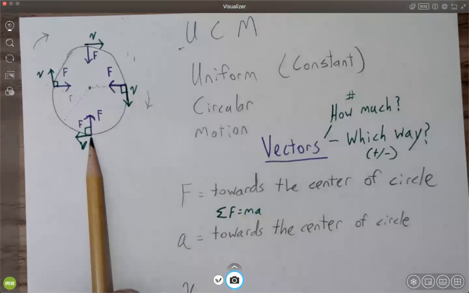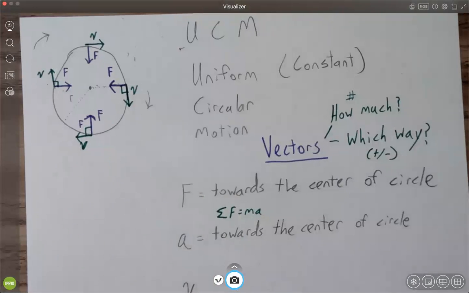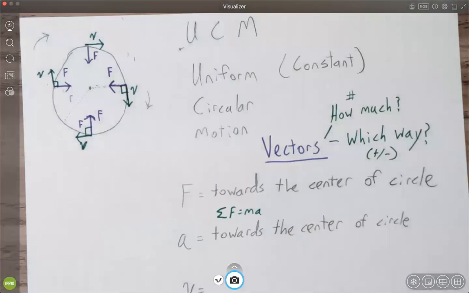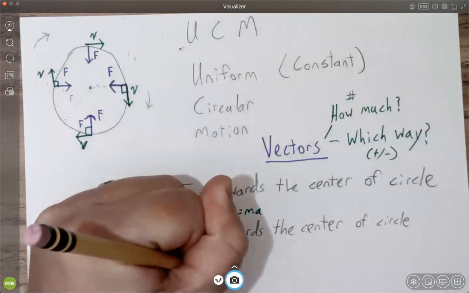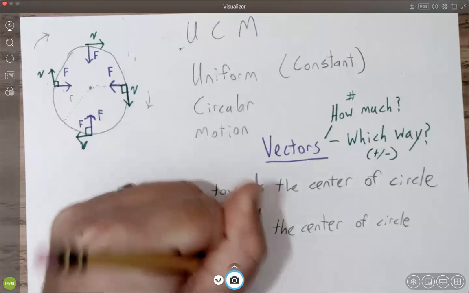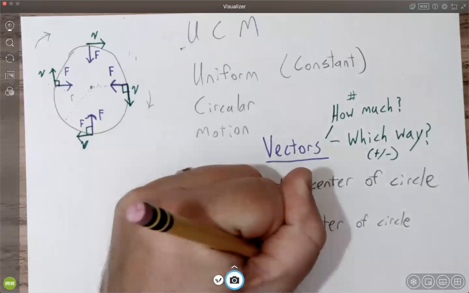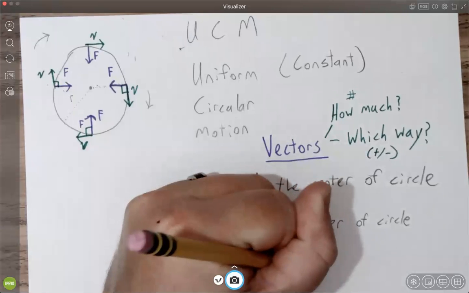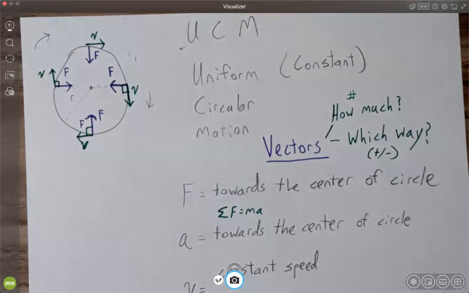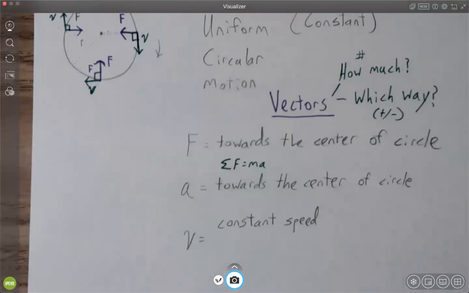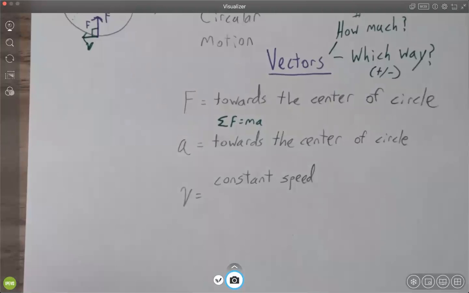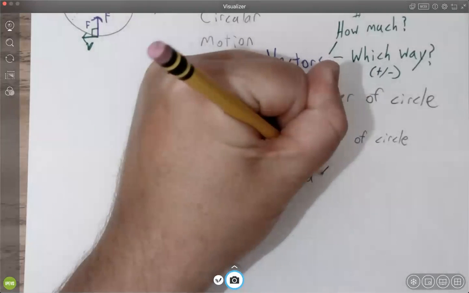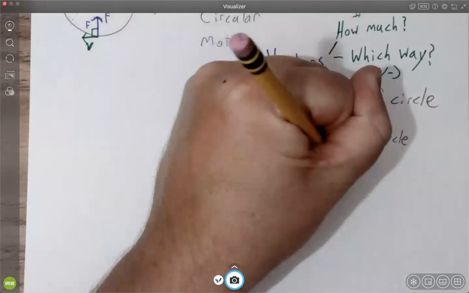So the force is going towards the center of the circle. The velocity is not towards the center. So we're going to see that this velocity has a constant speed. Hence the term uniform circular motion. So this is going to be a constant speed. So we're going to be dealing with uniform motion, so it's constant, but it's changing its direction.